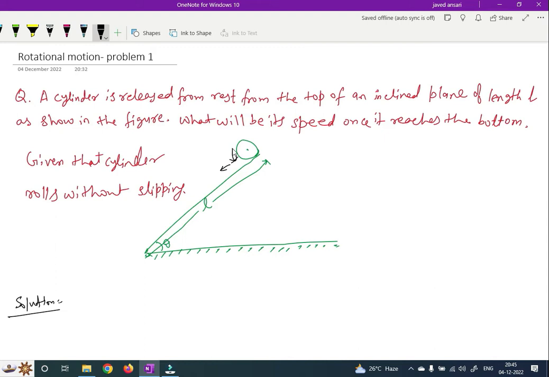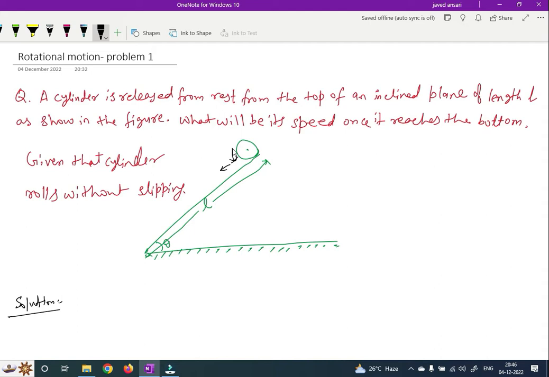The other way is to apply the principle of conservation of energy, because all the forces are conservative, so the total energy of the system will remain conserved. You can solve this problem two different ways, by applying Newton's laws of motion and by applying the principle of conservation of energy. In both ways, you should get the same answer if you are solving it correctly.